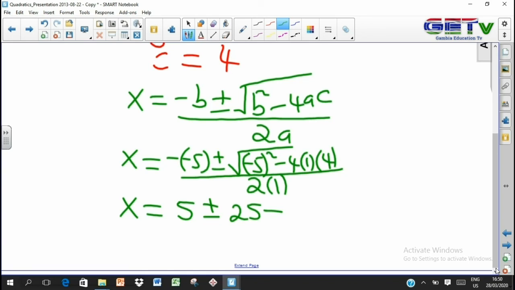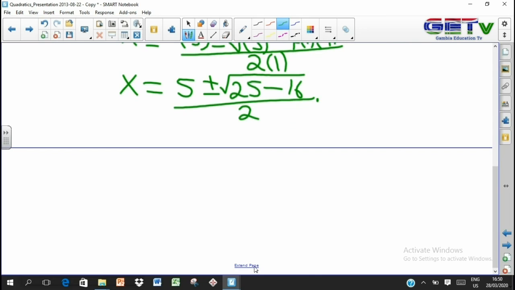So if you multiply 4 times 1 is 4, times 4 will give you 16 all in a root. Divide by 2 times 1 will give you 2. X equals 5 plus or minus, if you subtract 25 minus 16, the answer is 9 in a root all over 2.